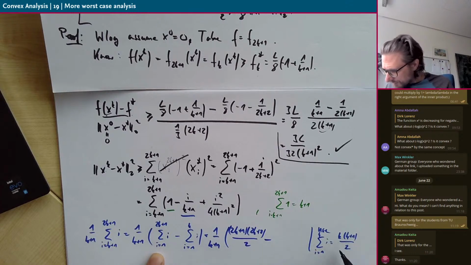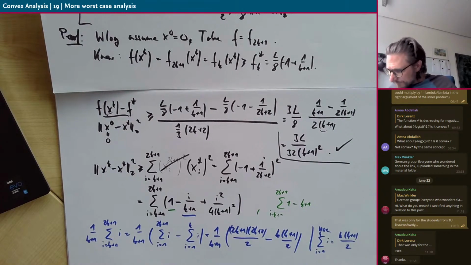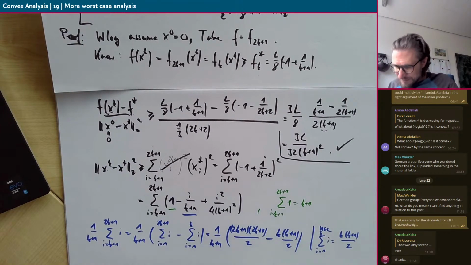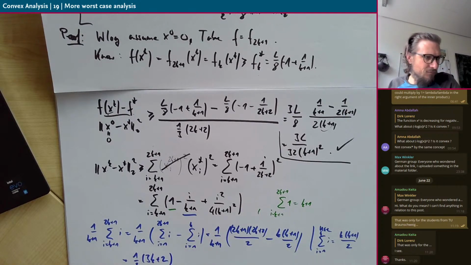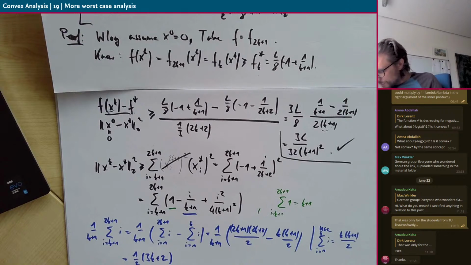We have to subtract this guy here, k times k plus 1 over 2. And then if you just collect everything together, this gives us 1 over 2 times 3k plus 2. I think that's what should come out here.